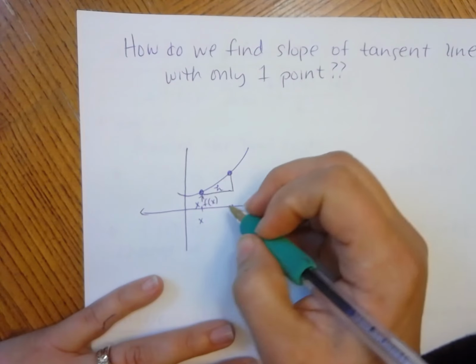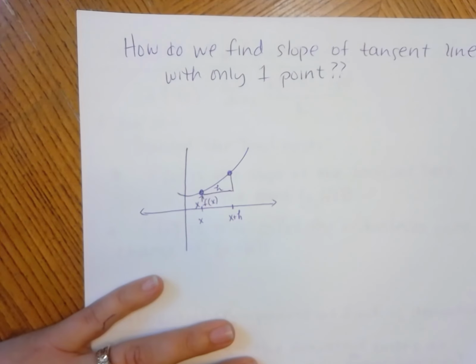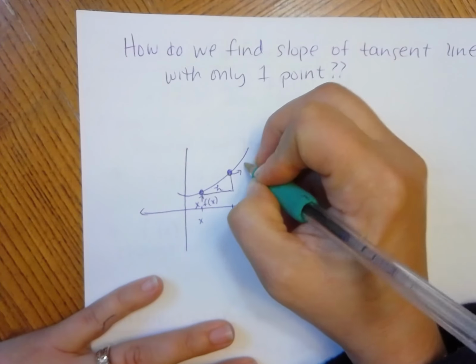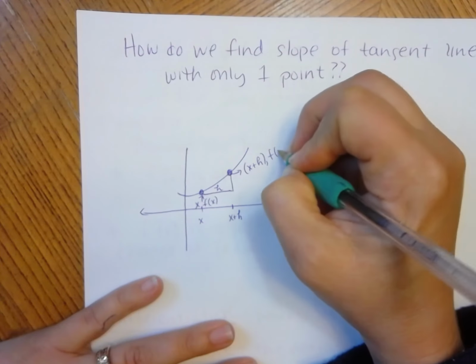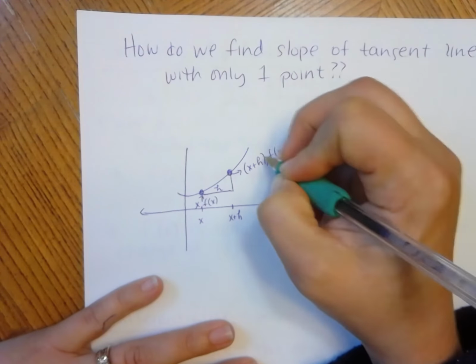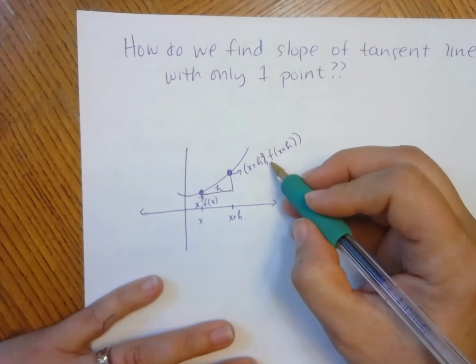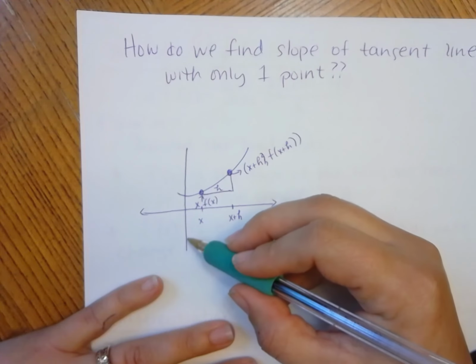And so this x coordinate here is x plus h. I'm going to call this point x plus h, f of x plus h. This parenthesis shouldn't be there. So this is the point x plus h, comma, f of x plus h, and this point down here is x, comma, f of x.